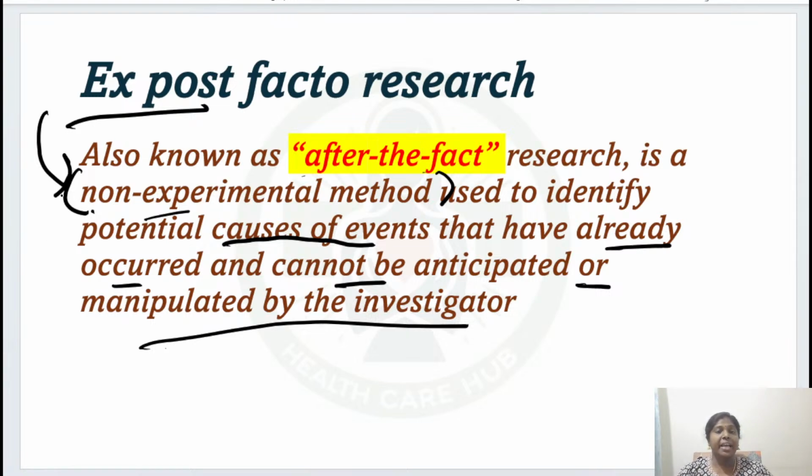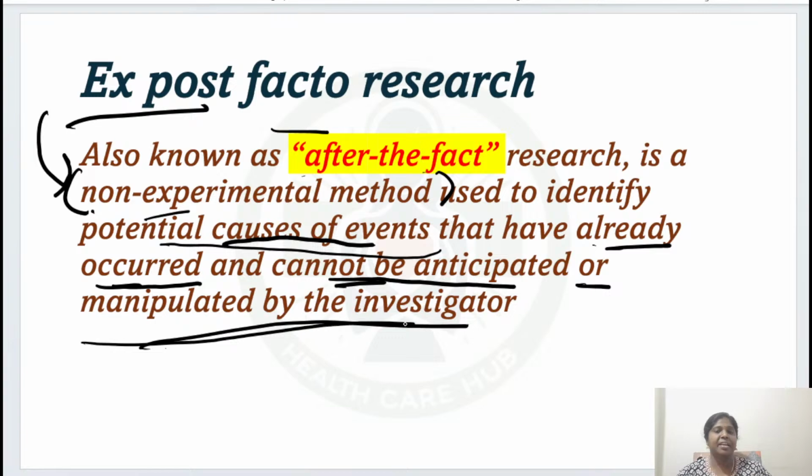So here the ex post facto means it is identifying the potential causes of events that have already occurred, and it cannot be anticipated or manipulated by the investigator. The investigator doing this research cannot manipulate the results which are going to happen. Understood?